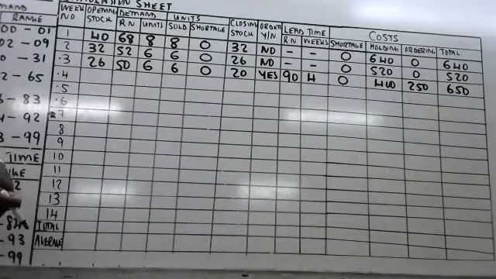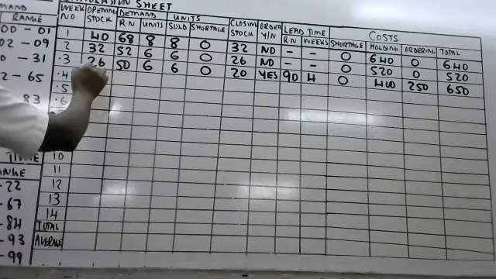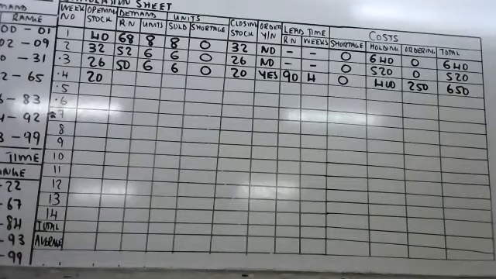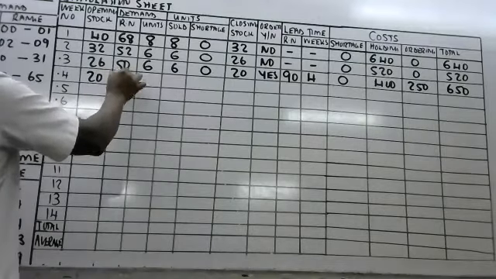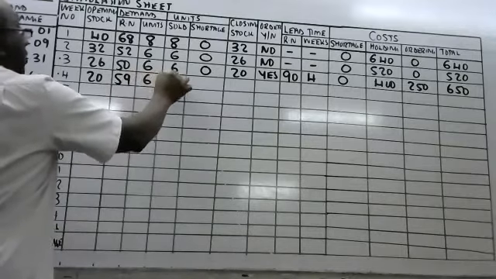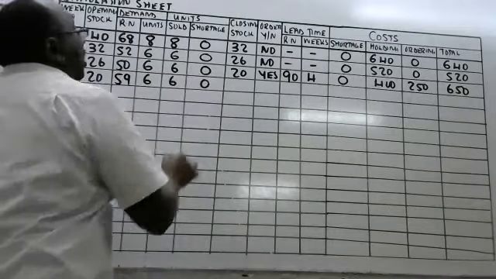We go to week number 4. Week number 4, we are opening with what? With 20. So when you open with 20, the random number is what? 59. So how many units? 6. So how many do we sell? 6. Shortage? 0.